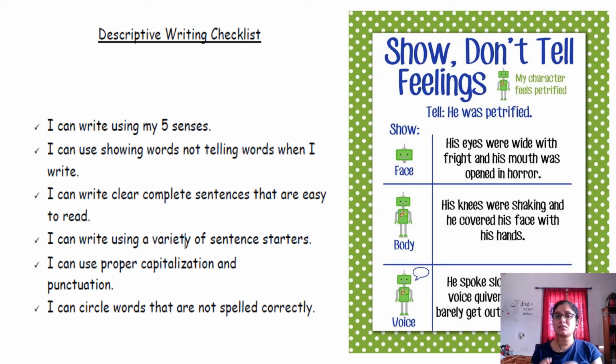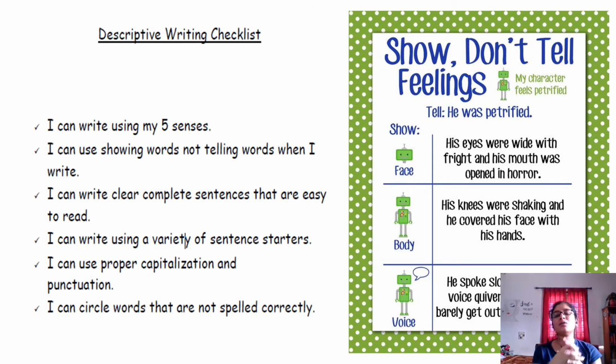Now the next passage tells how his body was reacting when he got petrified. His knees were shaking and he covered his face with his hands. Now his voice: he spoke slowly and his voice quivered. He could barely get out a few words. So when he was petrified, the author has given the expression on his face, the reaction of his body, and how his voice was.